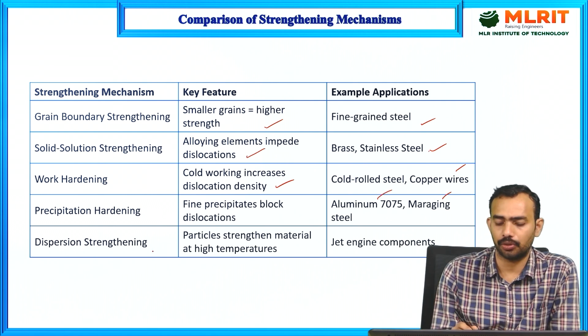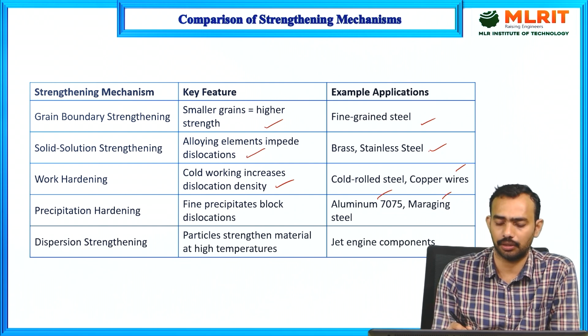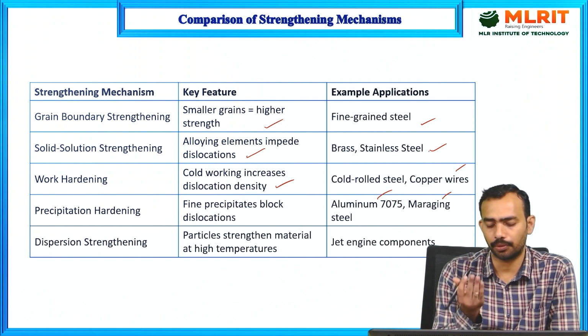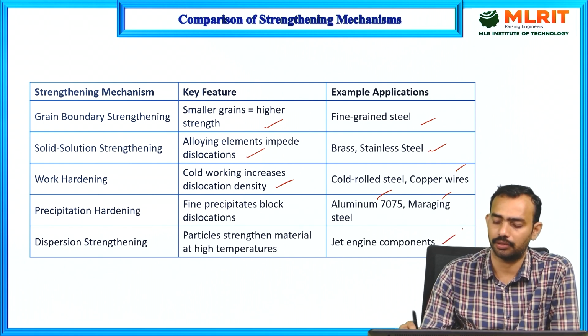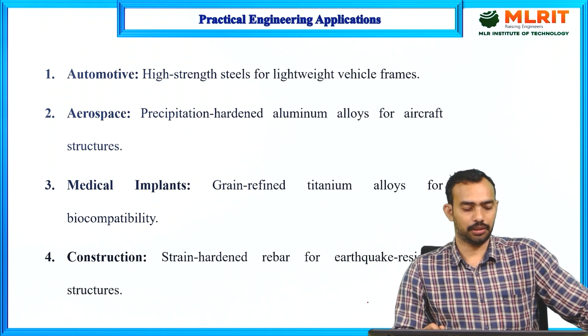Dispersion strengthening: certain particles are introduced through the dispersion method, and these particles arrest the dislocation motion and also improve the high temperature performance. Jet engine components are an example, as we have already discussed.